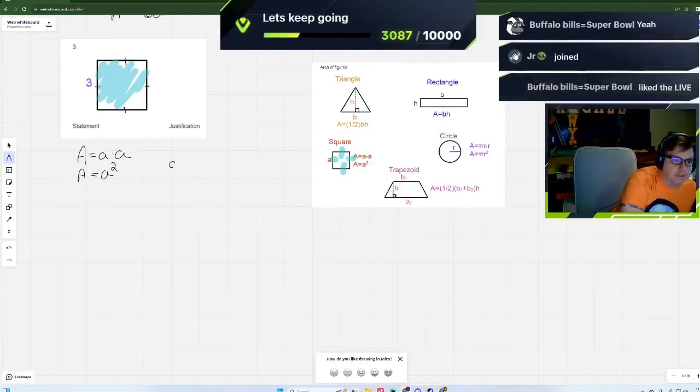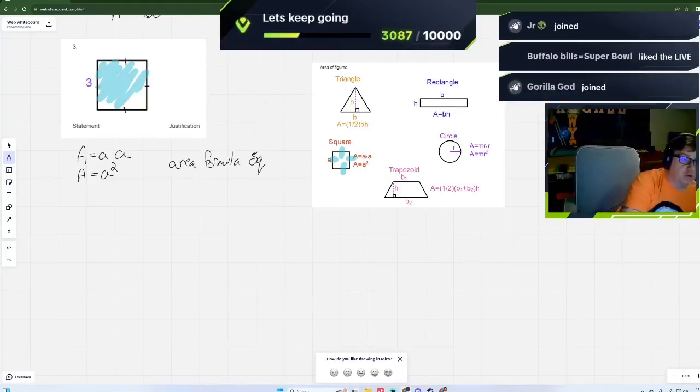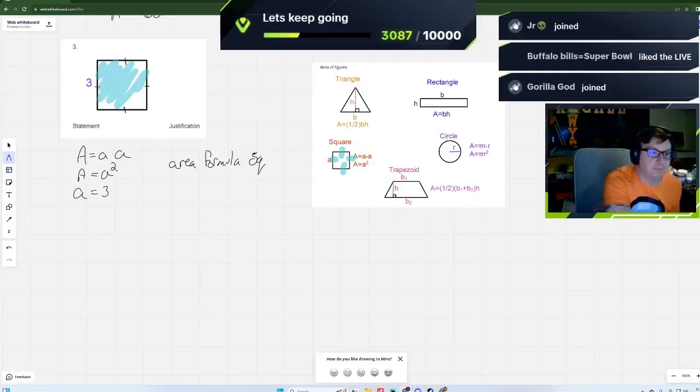Okay, so this is the area formula for a square. So we only need one measure. We need the measure of one side, and then we know all of the measures, because in a square, all the sides are the same.